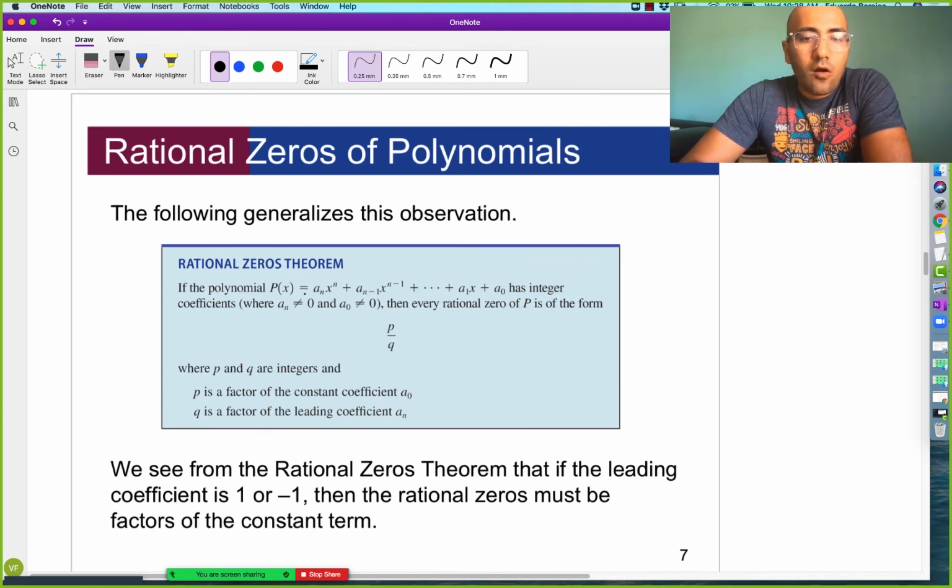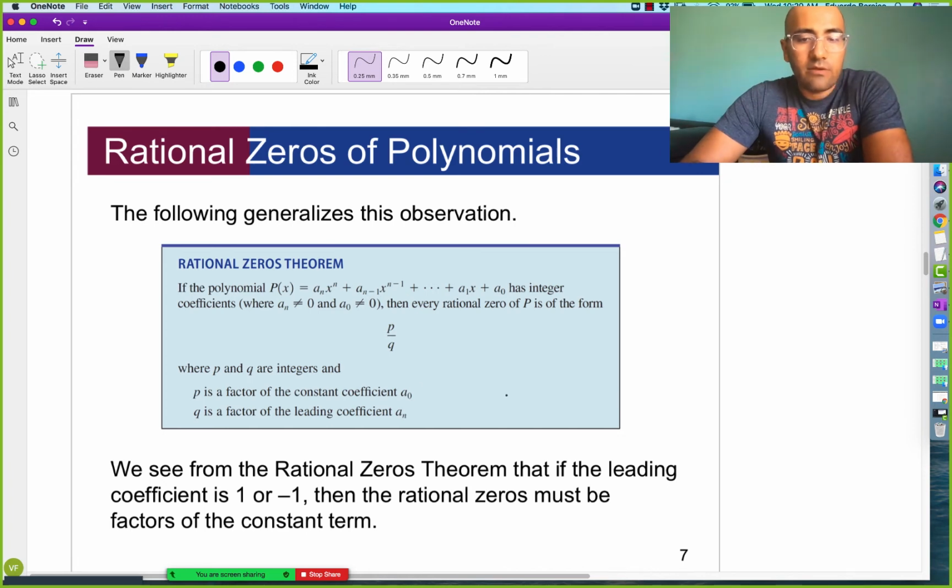Those two are what we need in order to create a list of possible rational zeros for this polynomial. Good. So any rational number that is a zero of this polynomial will be of the form p over q, where p is a factor or a divisor of the constant at the end, and q is a factor or a divisor of the coefficient in the front of the polynomial.